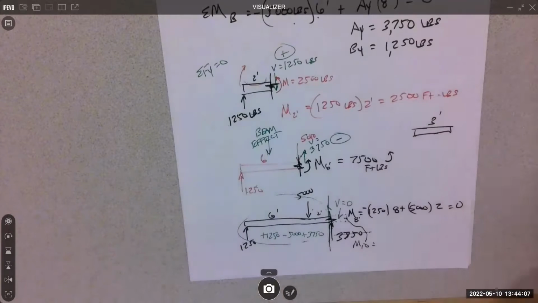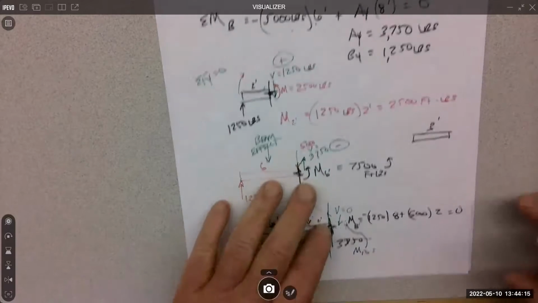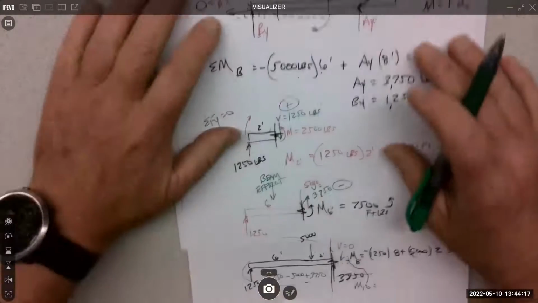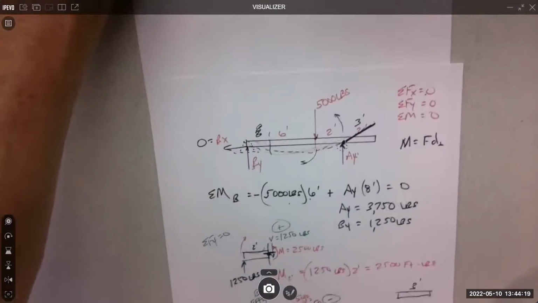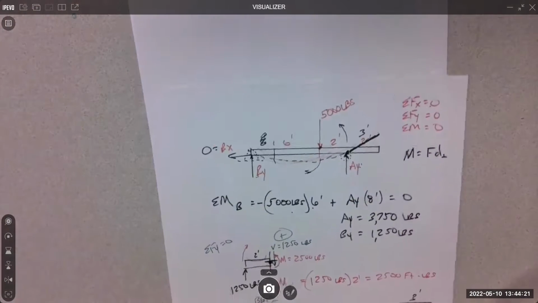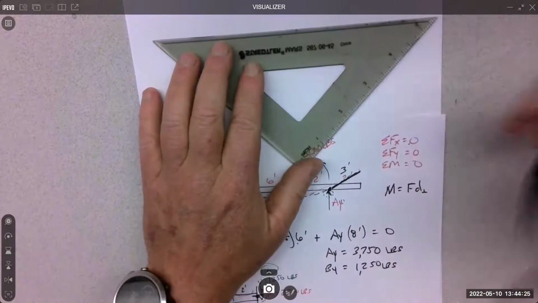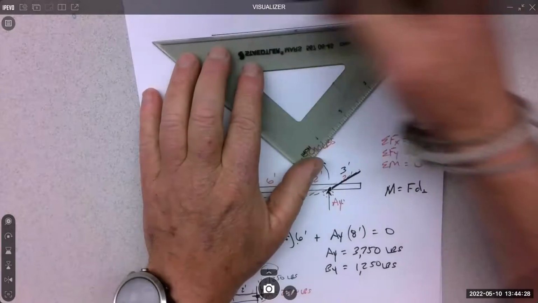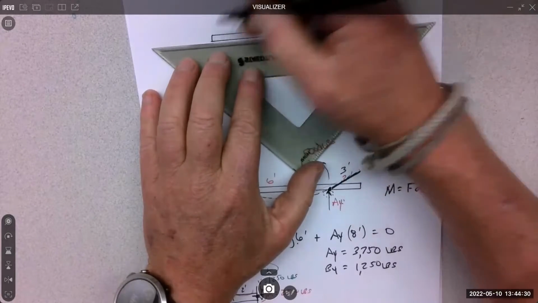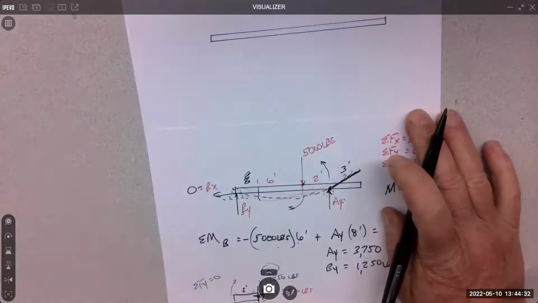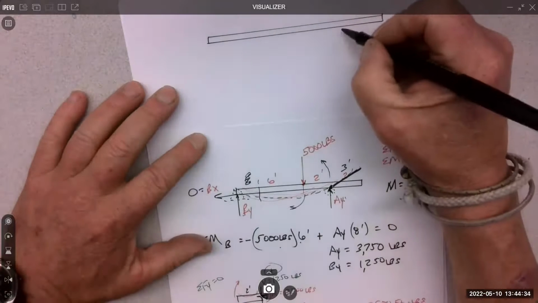So we do diagrams so we don't have to do it at 2 feet and 3 feet and 4 feet to figure this stuff out. I just want to know where max is. So same beam. I'm going to draw the same beam again. And that'll help us verify our numbers that we just came up with. Make it a little longer. I have a support here.